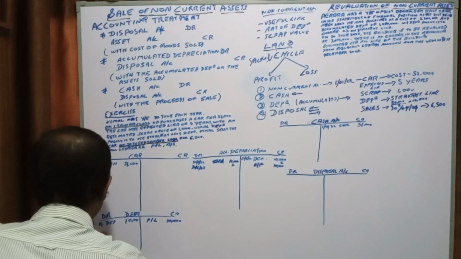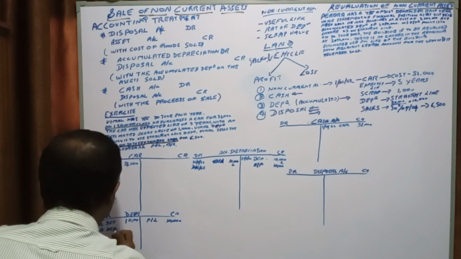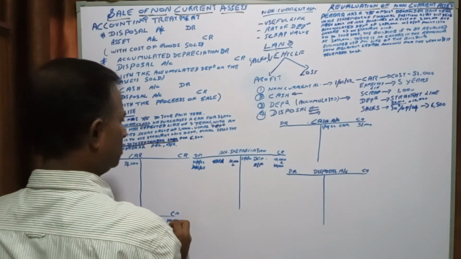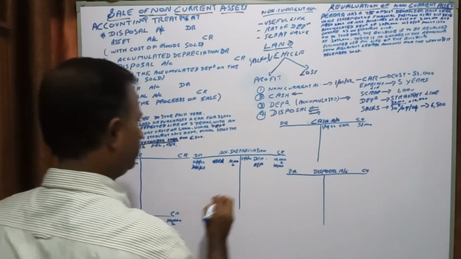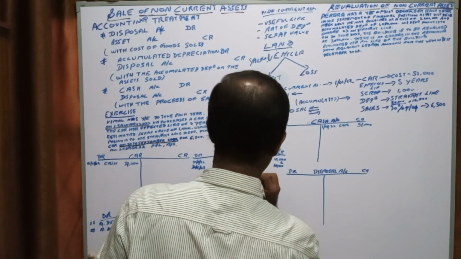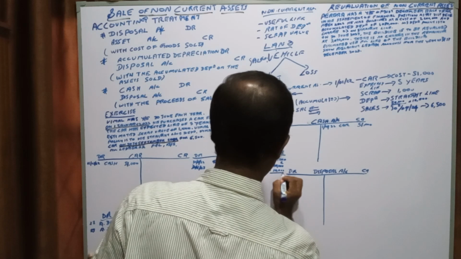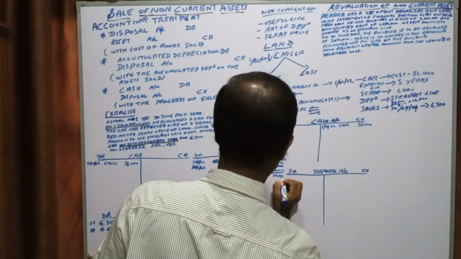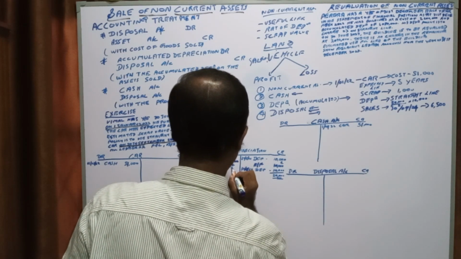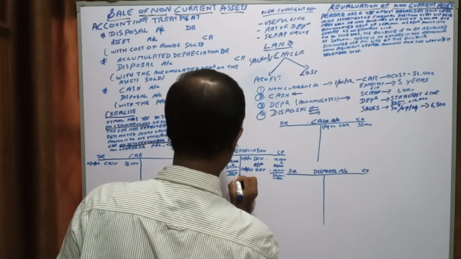On 30th June 2023, accumulated depreciation is 10,000 in the depreciation account, so the balance is 20,000. Carried down balance 20,000.